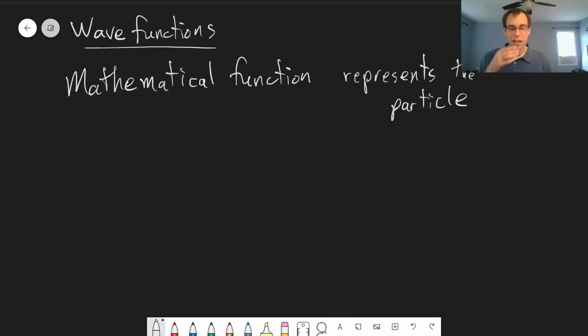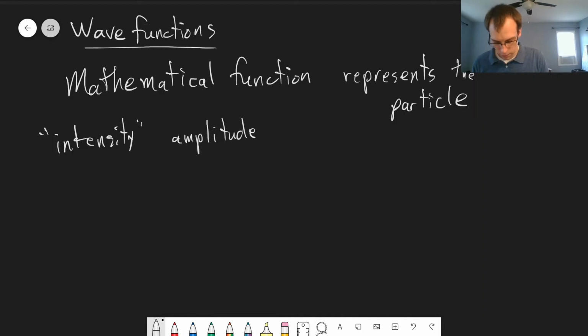And there's actually a lot of debate on it, but one way of interpreting the wave function is that, similar to a classical wave, if we take the intensity of the wave, or this would be like the amplitude squared of a classical wave, that kind of tells you how strong it is.